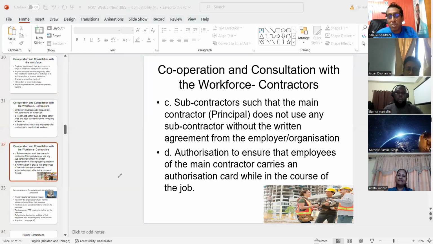So PLEA didn't start in Trinidad. PLEA is actually something from England, right? I guess Trinidadians and Guyanese are creative, right? But a lot of things we kind of took from the British too, right? Like, we spoke about the OSHA.